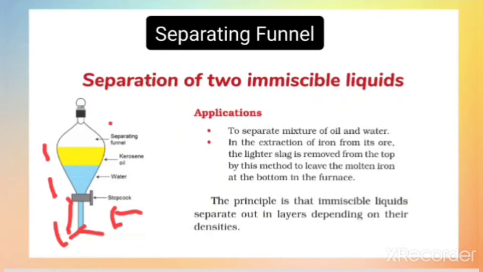That is how we separate a mixture of oil and water. And in the extraction of iron from its ore, the lighter slag is removed from the top by this method to leave the molten iron at the bottom of the furnace. So the principle is that immiscible liquids separate out in layers depending upon their density.